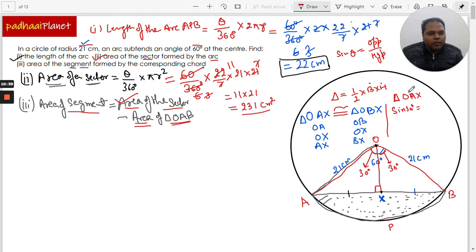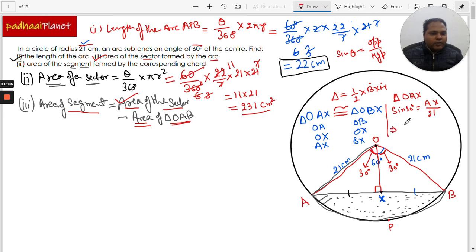In triangle OAX, this is 30 degrees, so the opposite side is AX, and OA is the hypotenuse, which is 21.